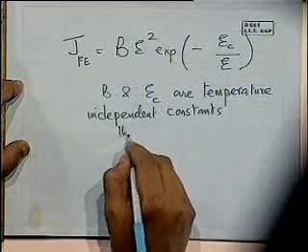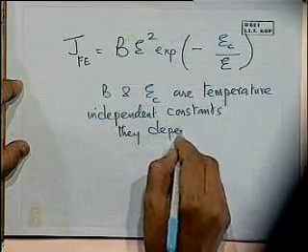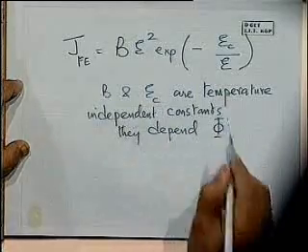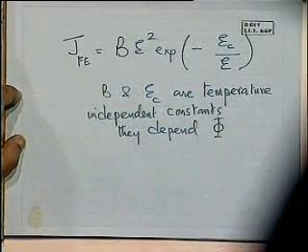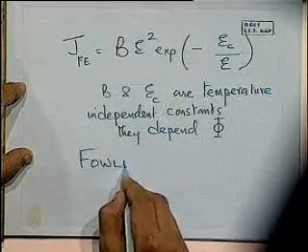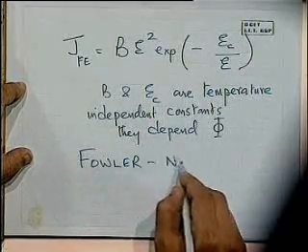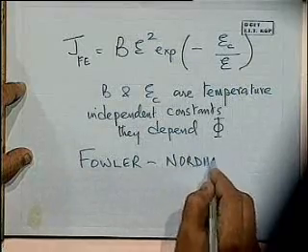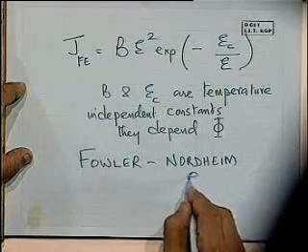However, they depend on phi. They are related to the work function phi. This equation, similar to what we had for the thermionic as Richardson-Dushman, is known as the Fowler-Nordheim equation.